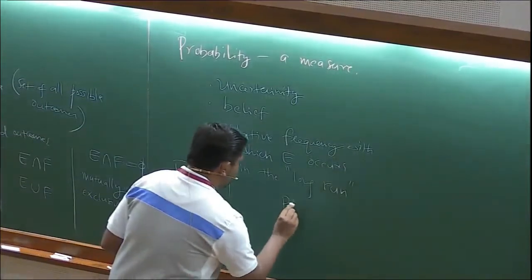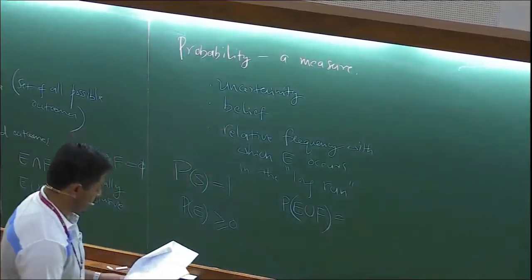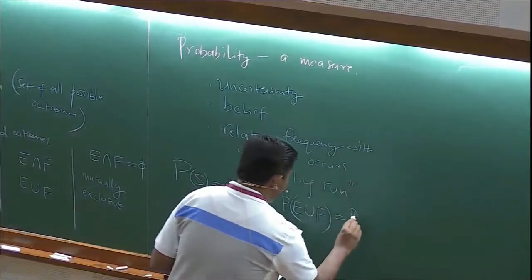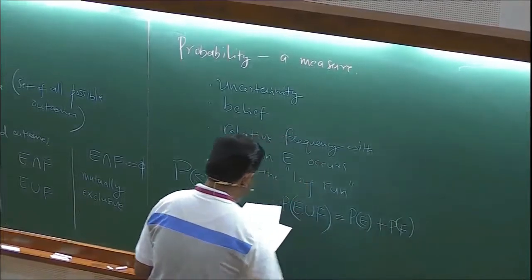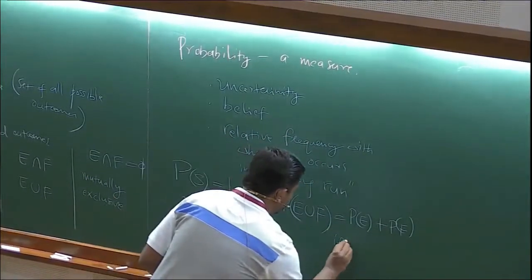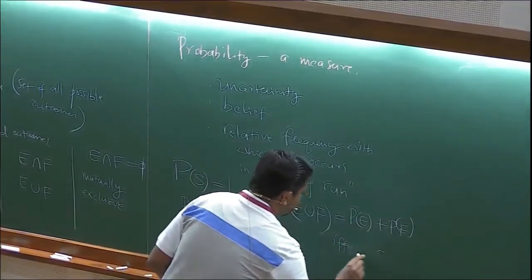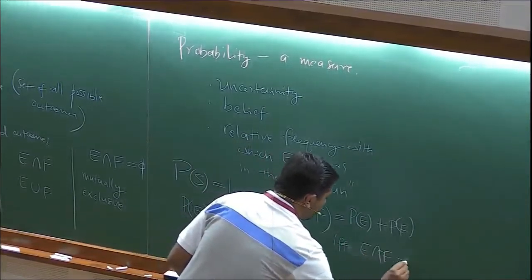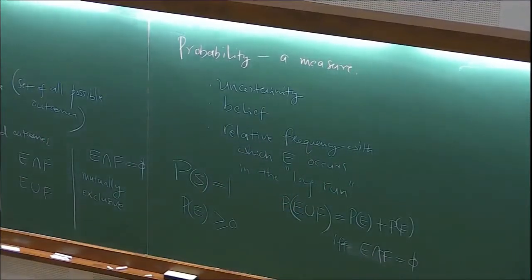And the probability of the union of two events is the probability of E plus the probability of F if E intersection F is the null set. That is, E and F are mutually exclusive.